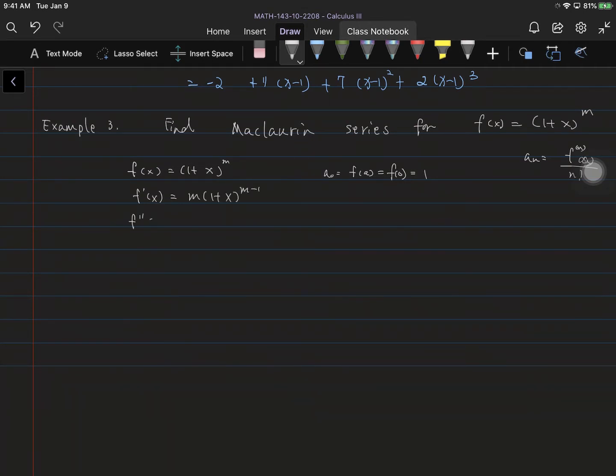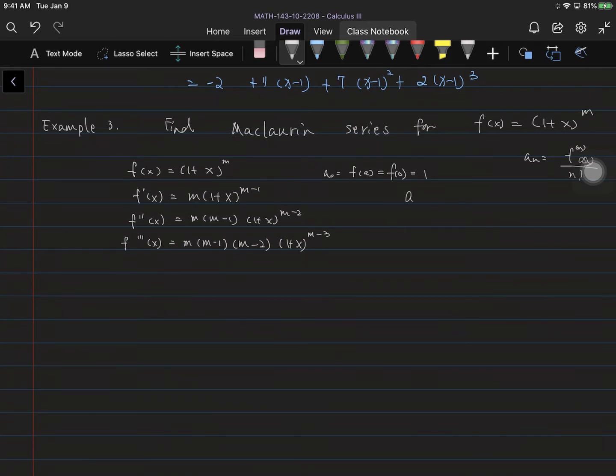And let's take a look at the second derivative, m times (m minus 1) times (1 plus x) to the m minus 2. Let's do one more: m times (m minus 1) times (m minus 2) times (1 plus x) to the m minus 3.